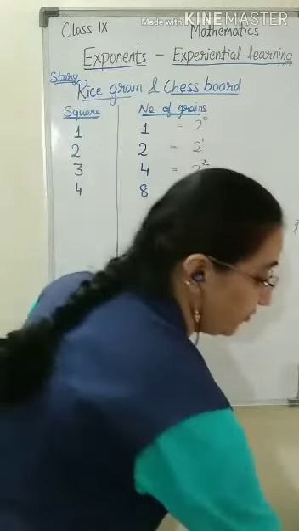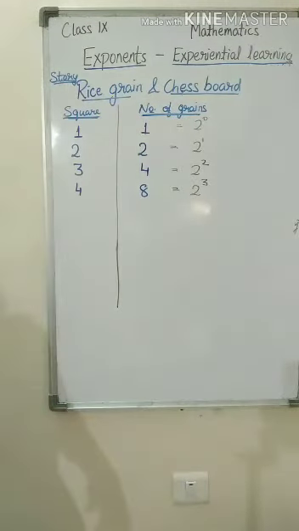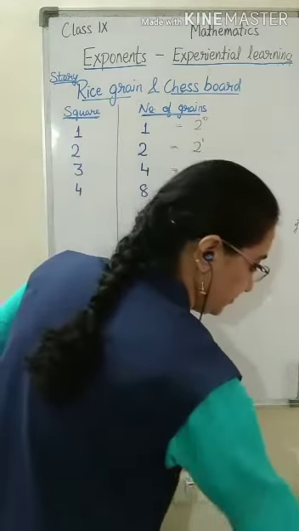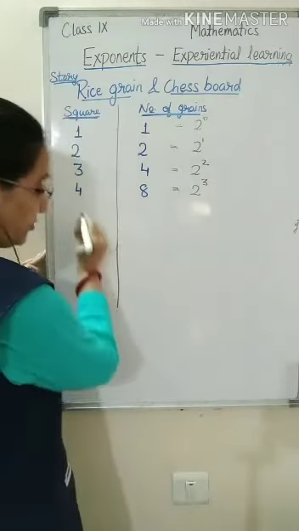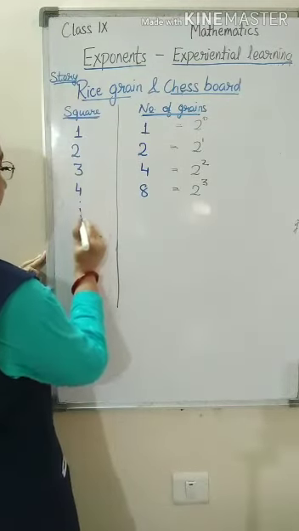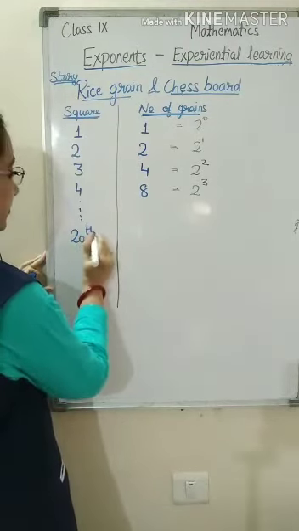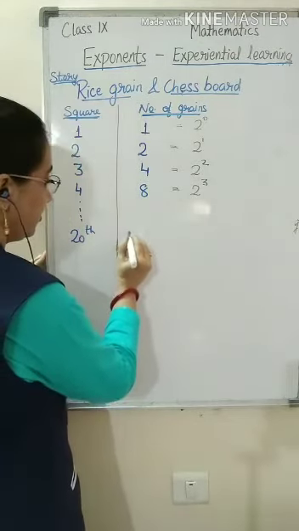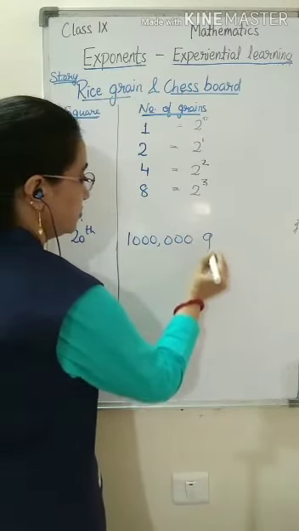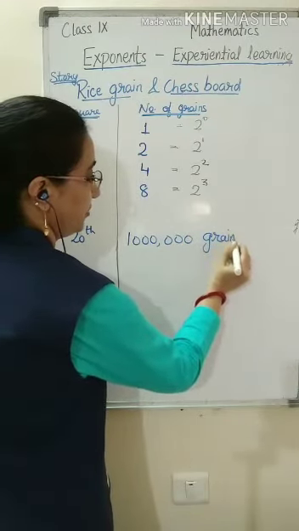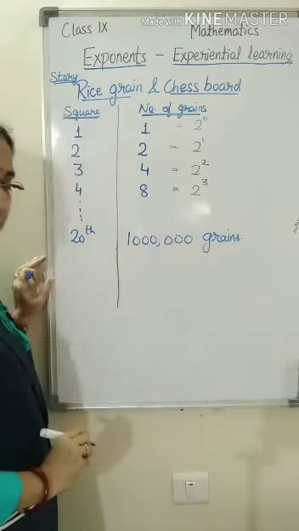Now, when the king followed this, what did he see? When his men reached the 2 to the 20th square, they had to place 1 followed by so many zeros of grains, approximately so many grains onto that.